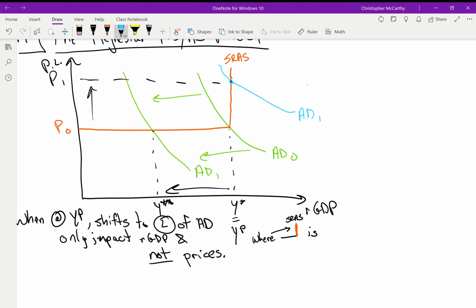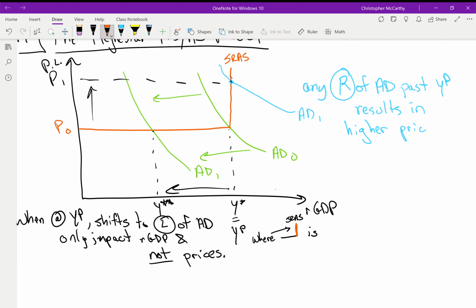So any increase or shift to the right of AD past YP results in higher prices with no economic growth as a result.